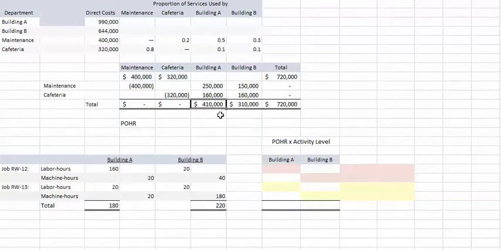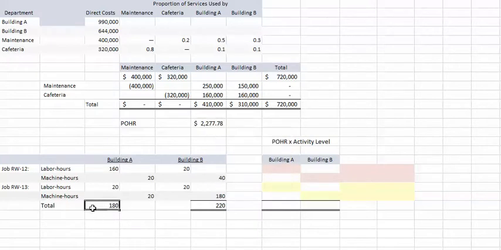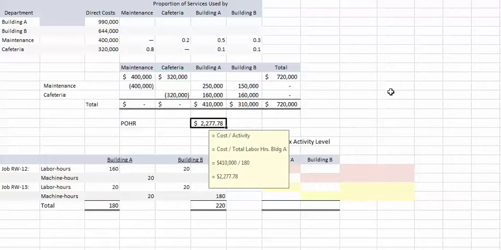So our first step is we need to calculate a predetermined overhead rate to allocate our costs of $410,000 and $310,000. Our predetermined overhead rate, you recall, is simply our cost divided by our activity. In this case, our total cost of $410,000 will be allocated over our 180 total direct labor hours, and we get a predetermined overhead rate of $2,277.78.